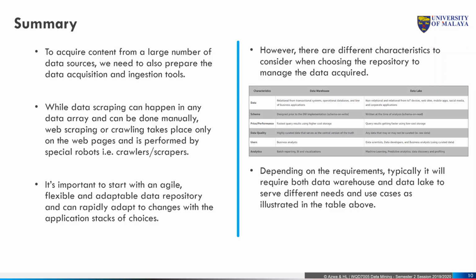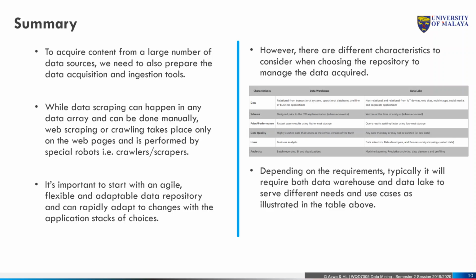So in summary, in this particular assignment, what we have shown is that we have acquired content from a large number of data sources. And once we have acquired this data and content from various different websites, we need to also start preparing a repository for us to store this data and ingest it into the tools that we can use to do our further analysis.